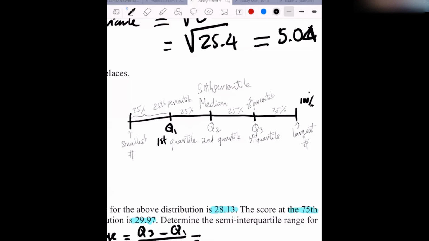That's what you need to remember. Later, I think on the exam, they will ask you to find the 5 numbers: the smallest number, Q1, Q2, Q3, and the largest number.